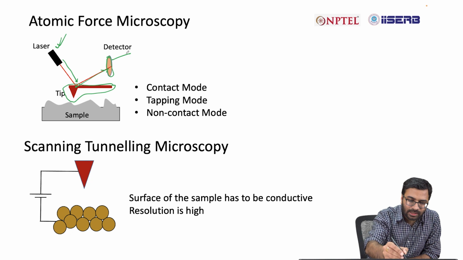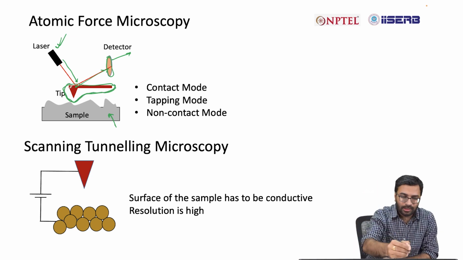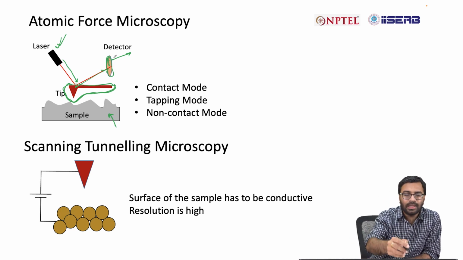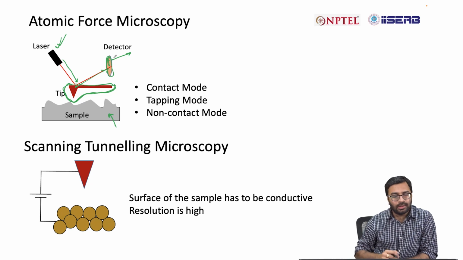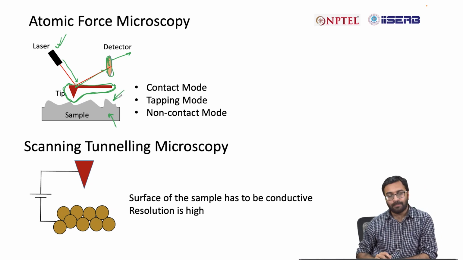This detector will then determine the morphology of the sample based on the deflection of the cantilever. If the cantilever deflects, the laser light will also deflect in the detector, and from there the system will be able to understand the morphology of a particular substrate.